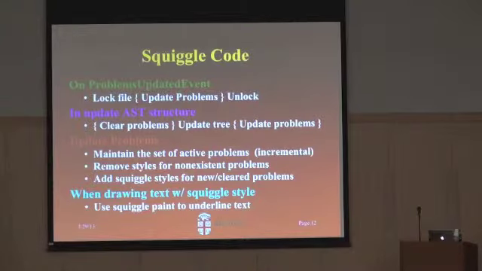It's complex only because it's maintaining the set of problems incrementally. In this case, it clears all the problems first and updates them, so there's nothing incremental. But in this case, it's just doing an update, so it does everything incrementally. It removes styles for non-existent problems, and it adds styles for any new problems. And then there's the independent code somewhere in the text drawing, where it checks if it's squiggle, and if so, it draws a line underneath it with a squiggle paint style.